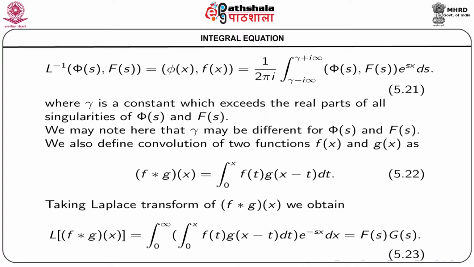The outer integral is with respect to x with range from 0 to infinity, and the inner integral is with respect to t with range from 0 to x. Here the integrand is f t into g x minus t e to the power minus sx.